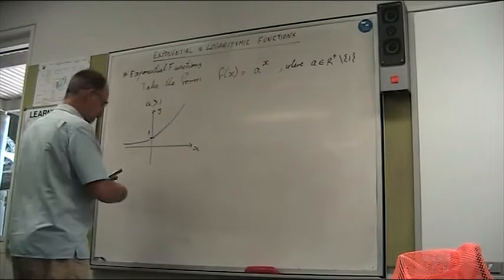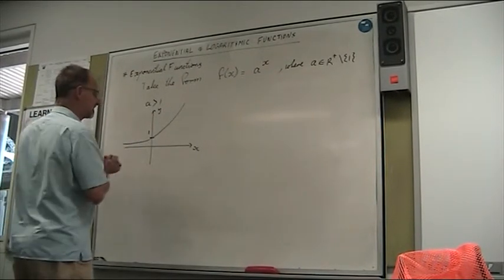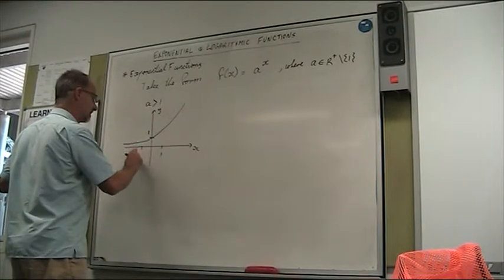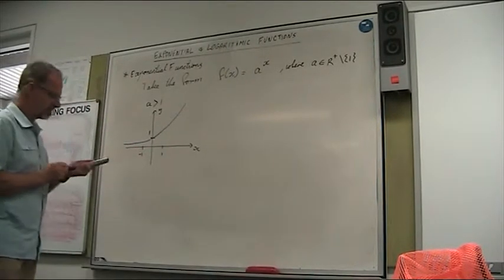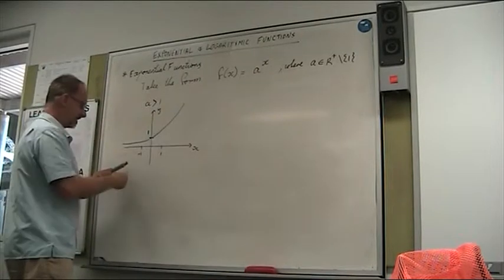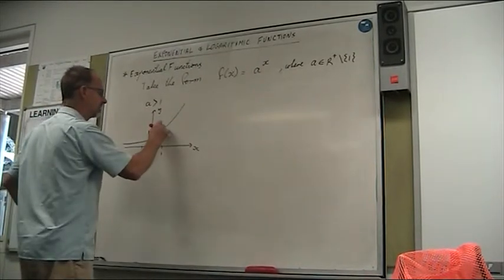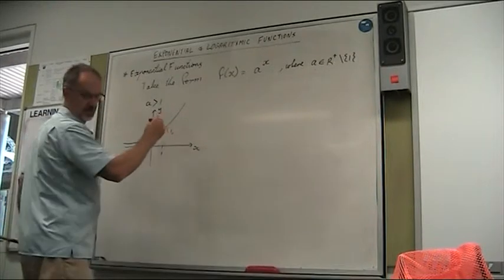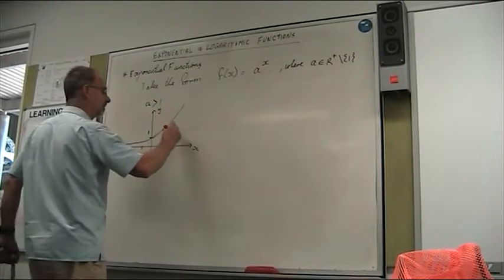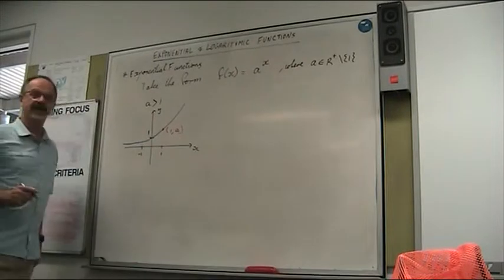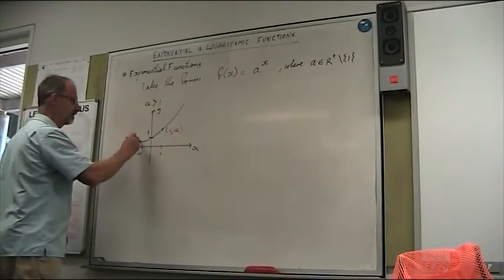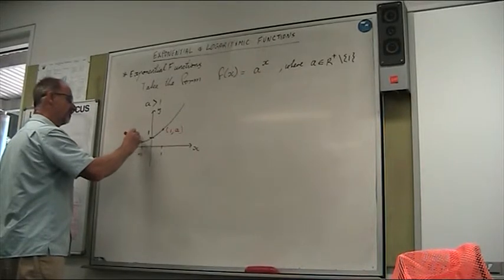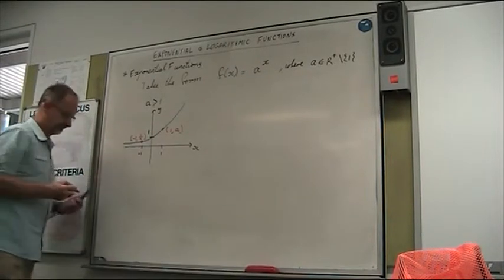And there are a couple of other points. When x is equal to 1 or negative 1, depending on what a is, then the y value will be equal to whatever that a is, and over here, the y value will be 1 over whatever that a is.